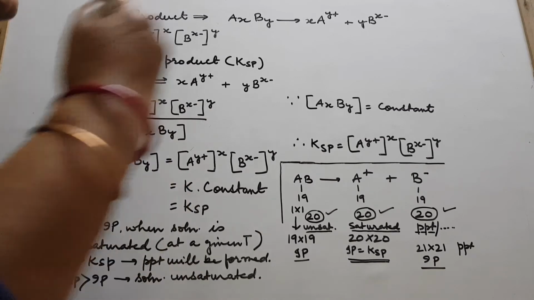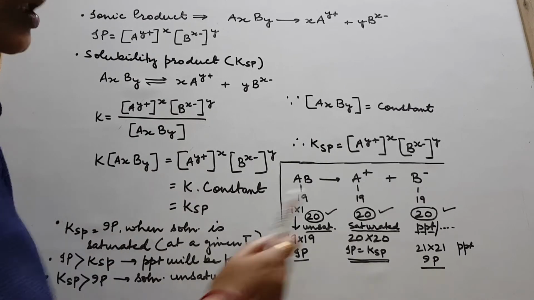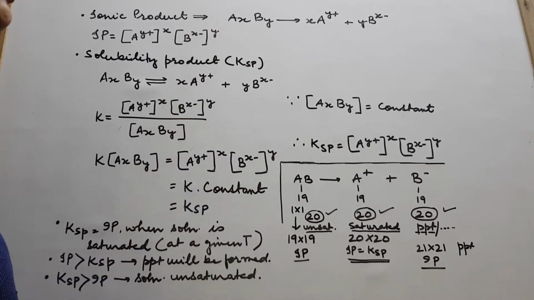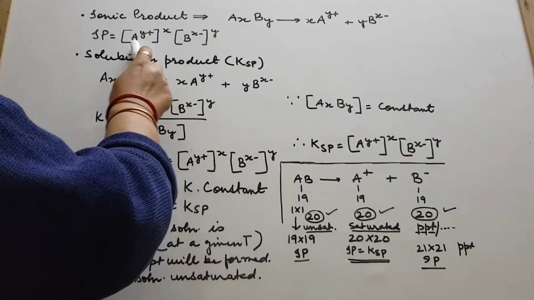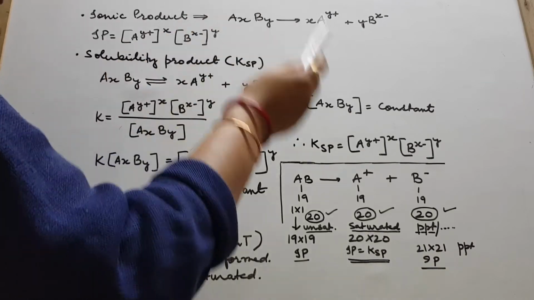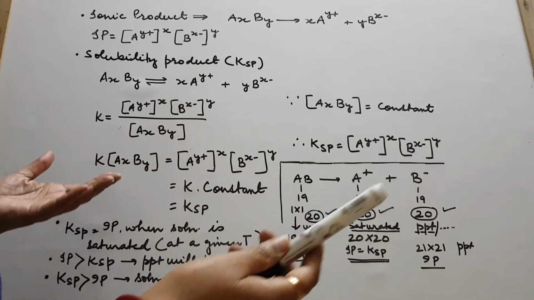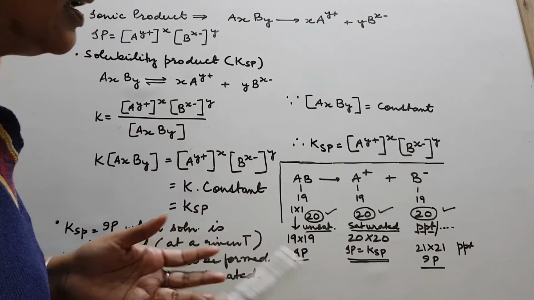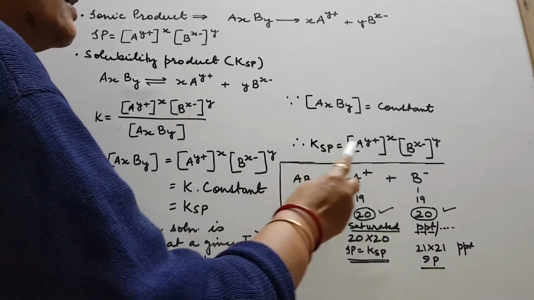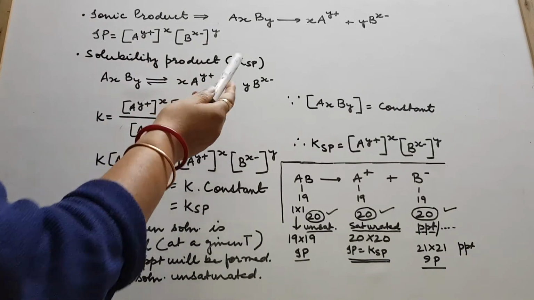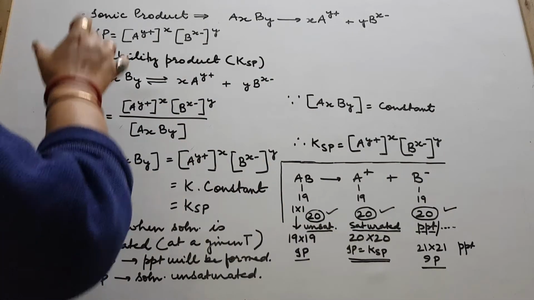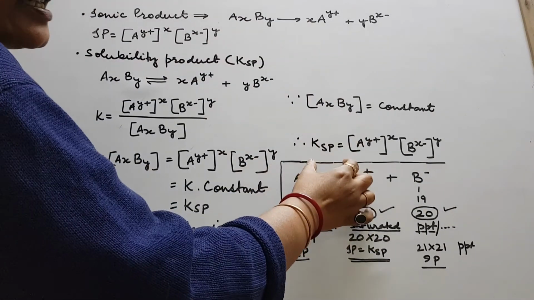So children, in many numericals, they give you the value of KSP and you calculate IP, or they give you IP and you calculate KSP. Either way, children, both have the same formula. If they give you KSP, you calculate IP, or they give you IP, you calculate KSP.